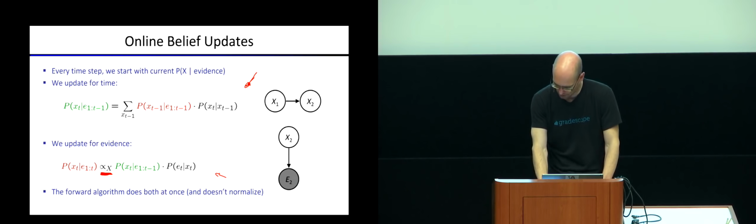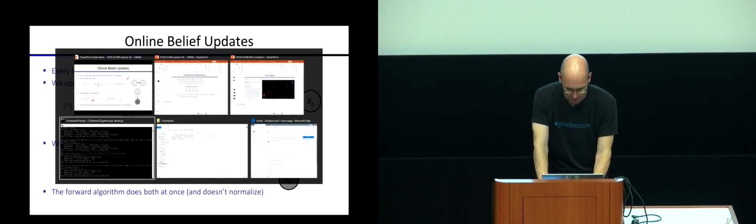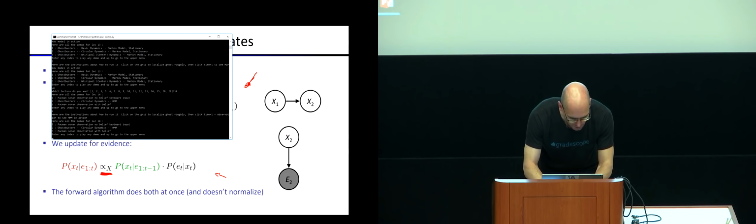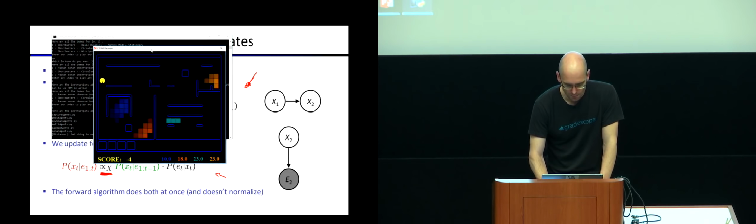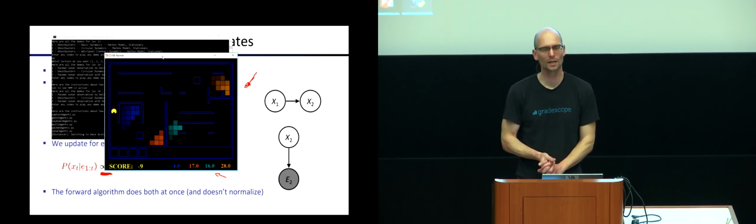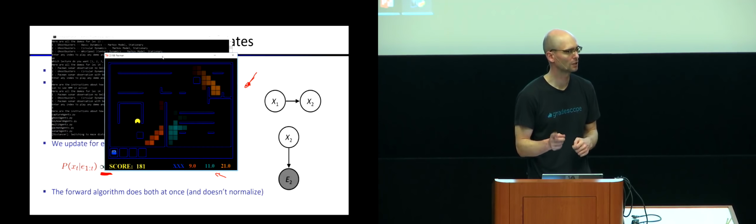Okay, once we do this, we can reconsider the Pacman game that we saw at the very beginning. And we can have an agent play it with beliefs visualized. So it's showing in color the distribution over possible locations of each of the ghosts.